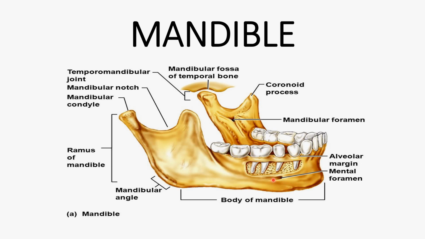And you have to tell the body of the mandible, mandibular angle, the ramus of the mandible, coronoid process, temporomandibular joint, and the teeth which are fixed into the space called the alveolar socket and the alveolar margin.